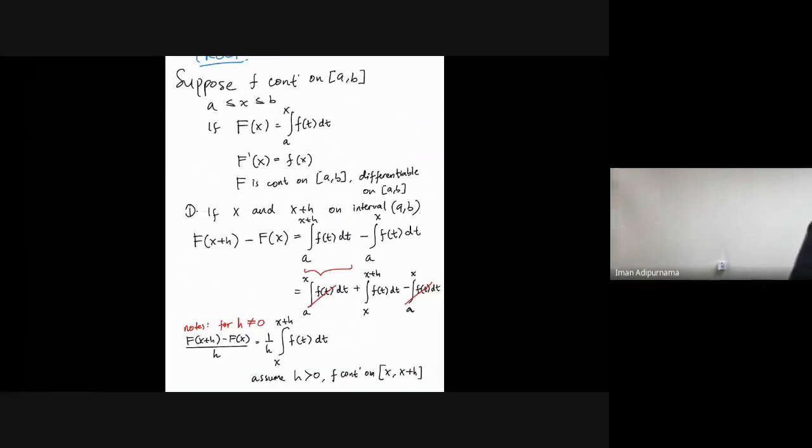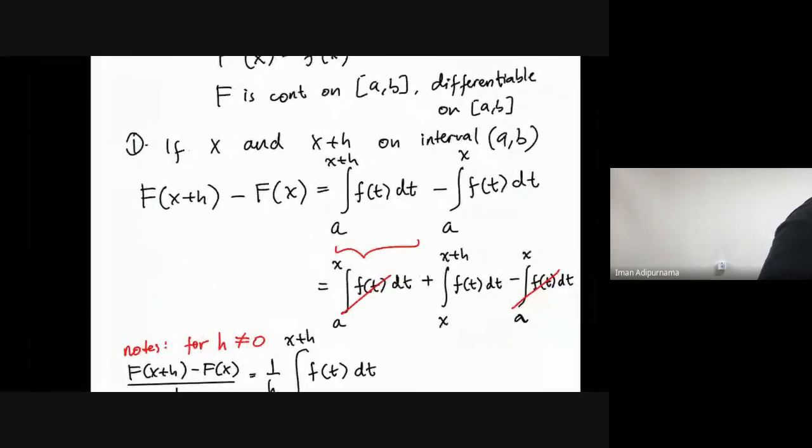Let me slowly explain to you. So if all the functions are continuous, differentiable, and so on, on the interval [a, b], and you have x and x plus h inside the interval, we analyze this big F, the antiderivative, F(x plus h) minus F(x).